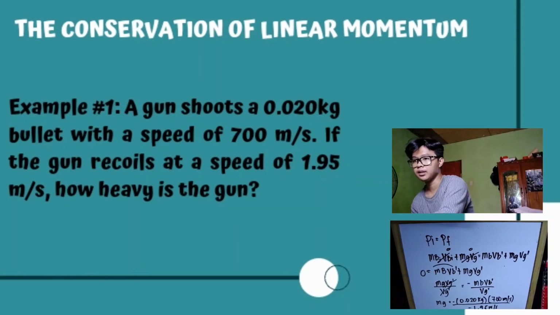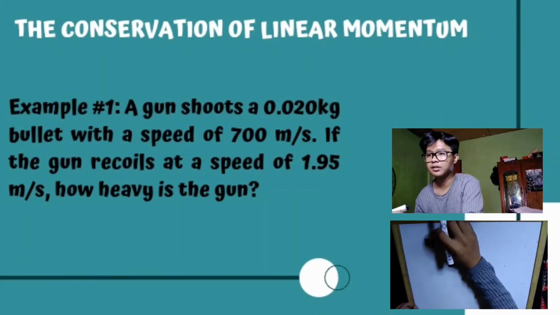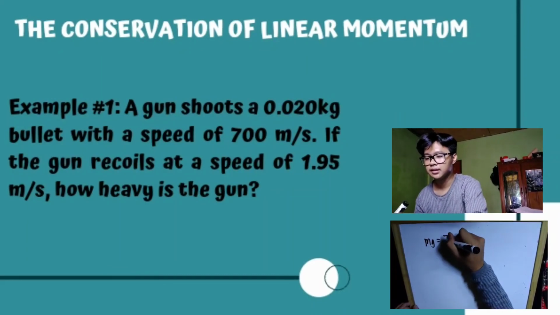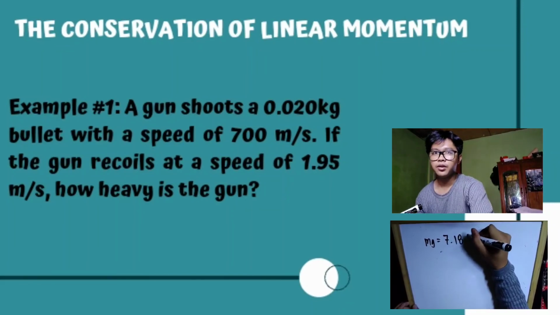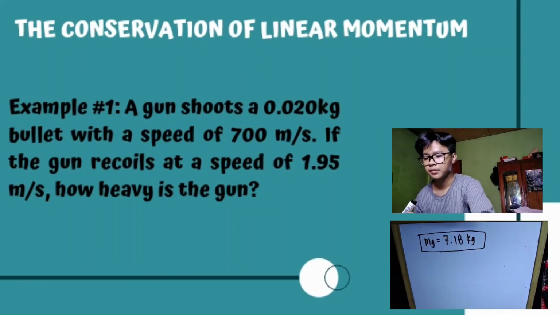Take note that the 1.95 meters per second velocity is to the left, so we put its direction as negative. So our answer now is 7.18 kilograms. This is the answer for example number 1, or this is the value of the mass of the gun.